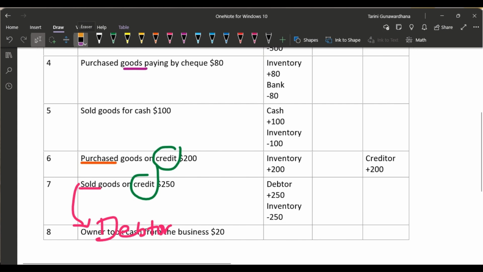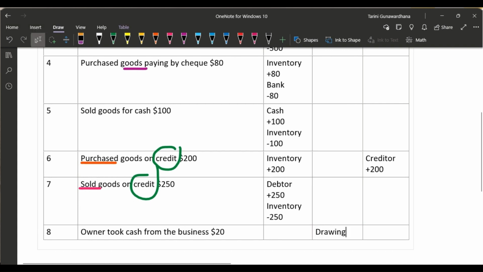When the owner takes cash or stocks from the business, that's called drawings. And drawings has the exact opposite effect of capital being contributed to the business. So drawings is a negative of capital, right?